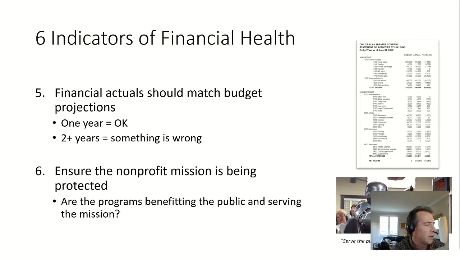So is the public benefiting from the programs that the theater is putting on? This is the question that you need to ask. If the answer is yes, this is a healthy organization. But if, again, we're spending a lot of money on administrative tasks when we're taking in public money and not putting on good theater, that's something to watch out for.